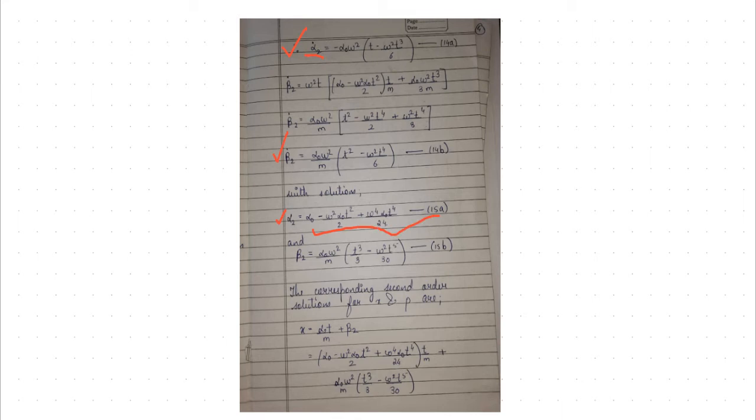If you see the integration of this term with respect to t, this t would be t square by 2 and here would be t to the power 4 by 4. 6 into 4 would be 24, and hence after integrating 14a you will finally get the equation 15a, which would be the value of alpha 2.